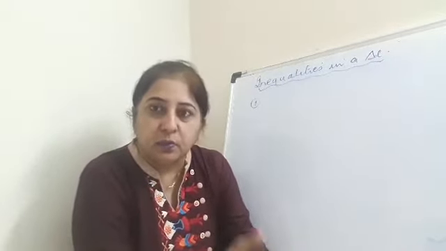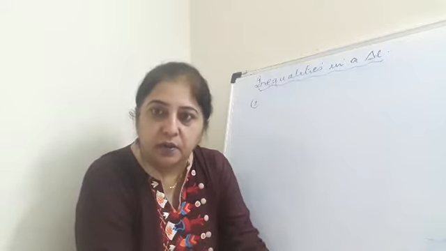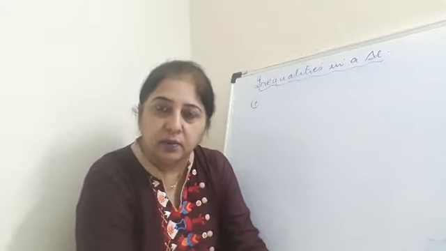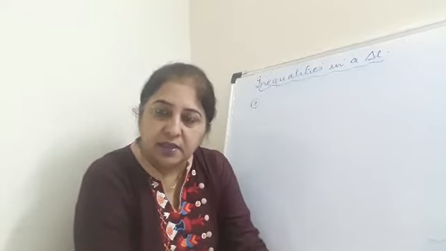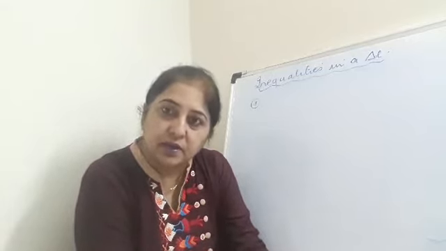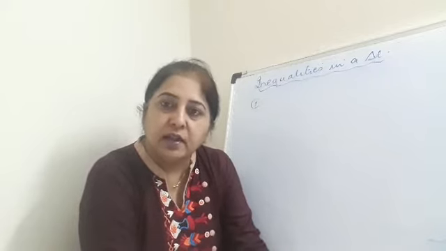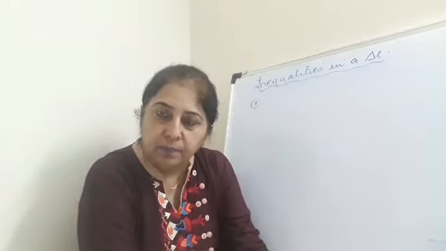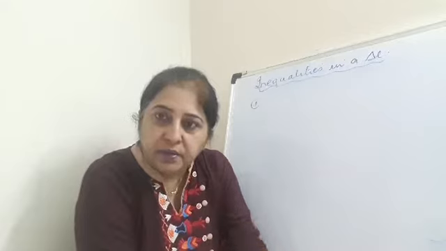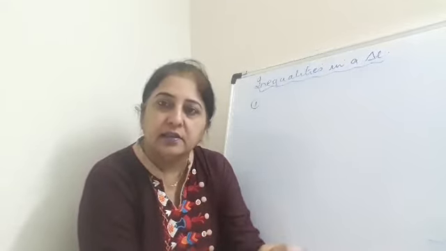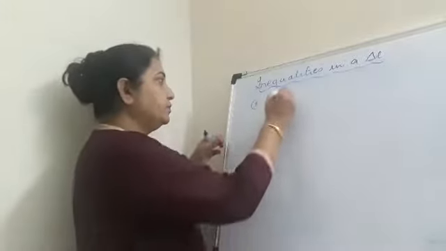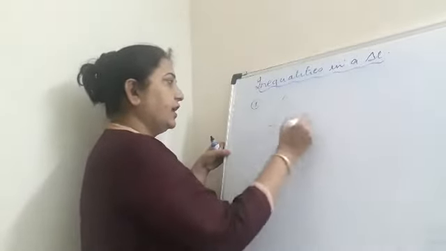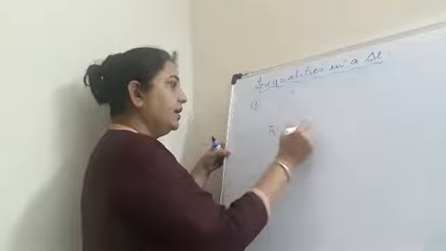In a triangle, when two sides are unequal, obviously one will be a larger side or a greater side, one will be a smaller side. So if in a triangle two sides are unequal, the angle opposite to the greater side is always greater. I repeat, I'll show you. This is a triangle ABC.